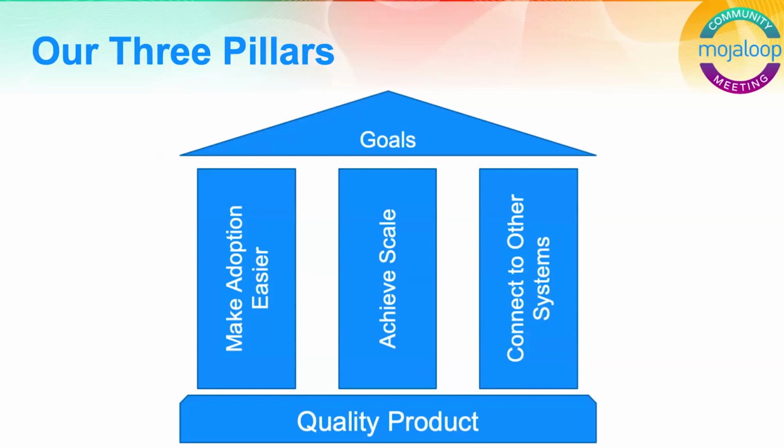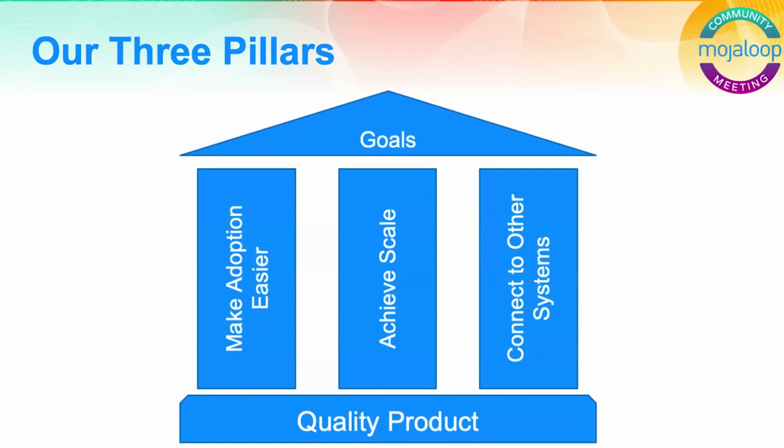The second pillar, achieving scale, is all about work streams that work towards making a particular deployment successful, which might mean it's profitable, it might mean it meets social objectives, or whatever a particular deployment needs to achieve what it regards as success according to its own terms.